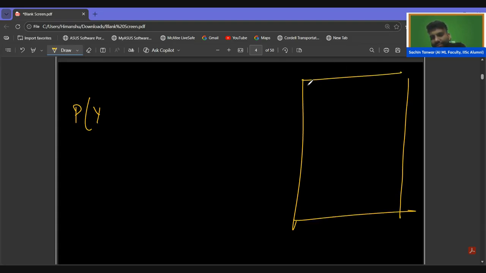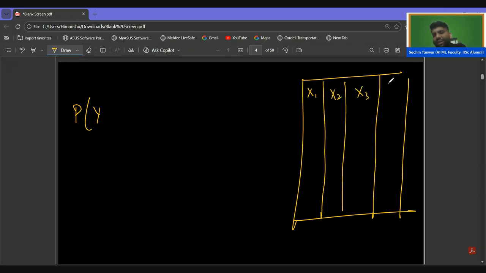So I have x1, x2, x3, and then I'm having y. So x1, x2, x3 are the features, okay? And let's suppose I'm having some good number of data points, n, and d features, okay?